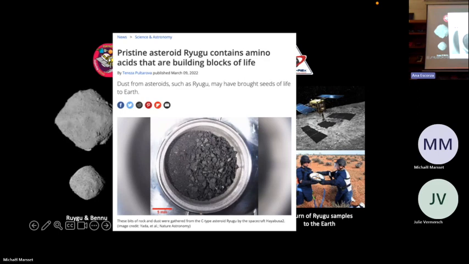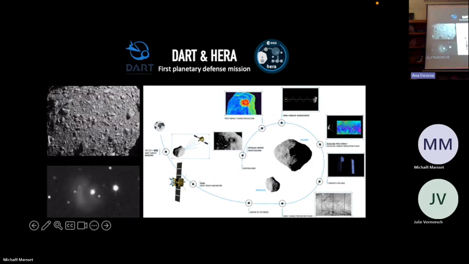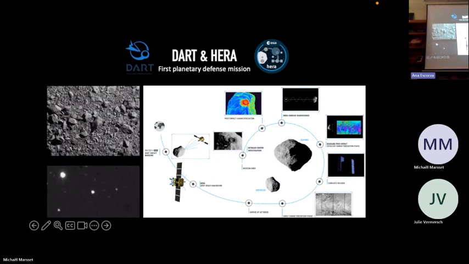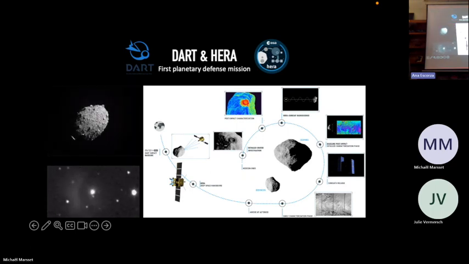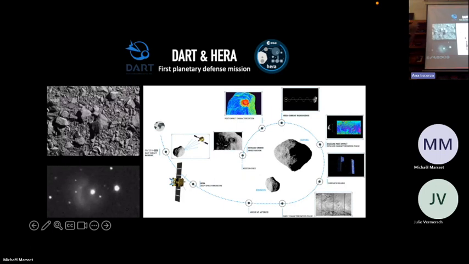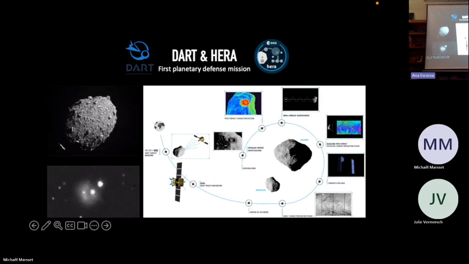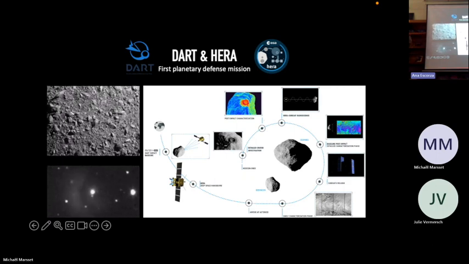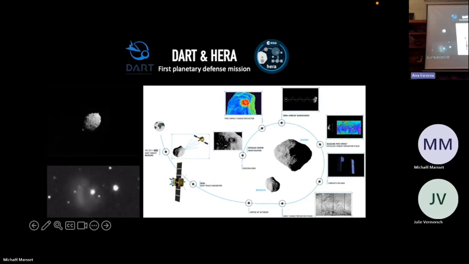We had another very exciting mission, which was, as you know, the DART mission, the first planetary defense mission that tested a kinetic impactor on a small asteroid. Actually, the moon Dimorphos, a small moon around a larger asteroid. Just in case one day we find one of these objects heading to the Earth, we know how to deal with that.